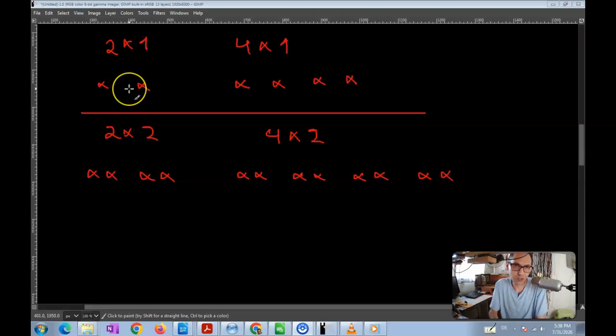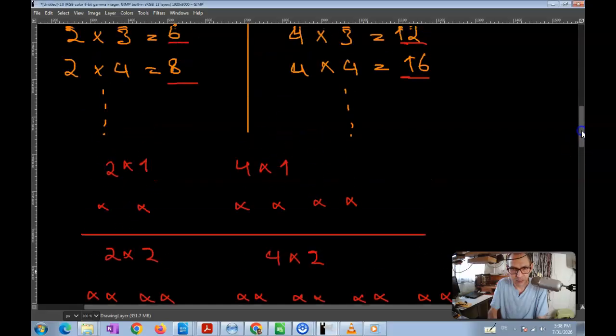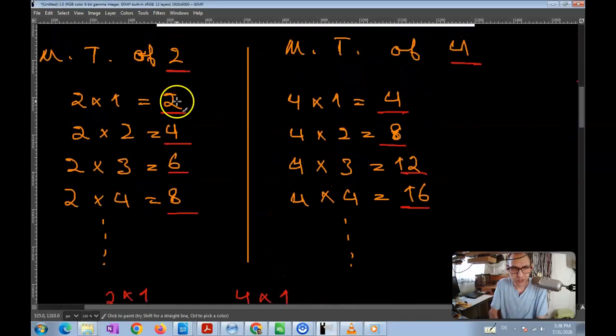The number of objects in each group remains the same, but since we are doubling the number of groups, the total number of objects is multiplied by 2, right? And that explains why all the sums you get here, when you multiply them by 2, give you each and every sum over here: 2 times 2 is 4, 4 times 2 is 8, 6 times 2 is 12, 8 times 2 is 16.